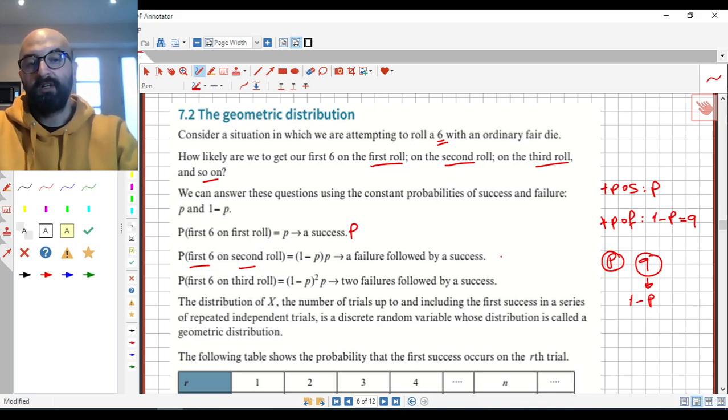So the probability of failure Q and then the probability of success P.